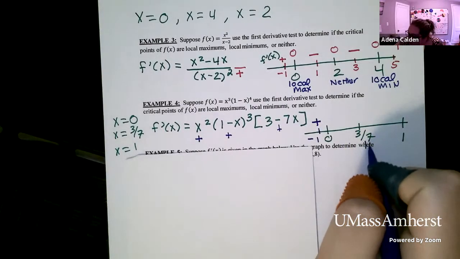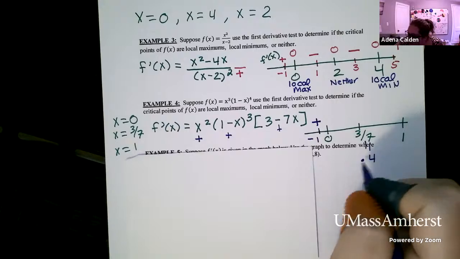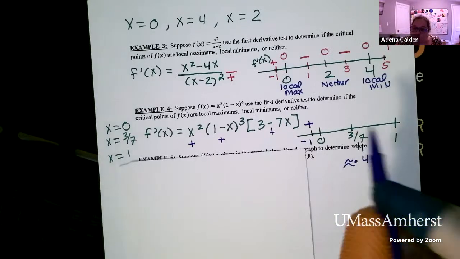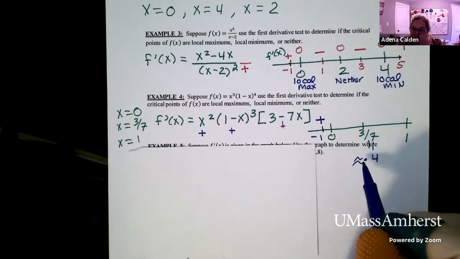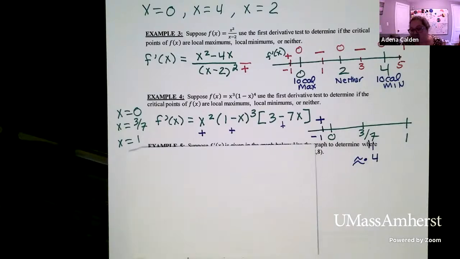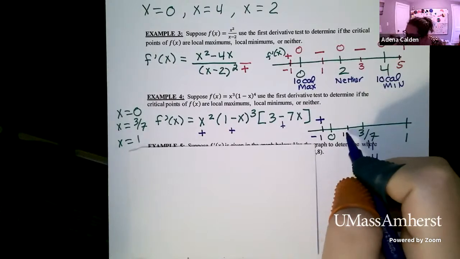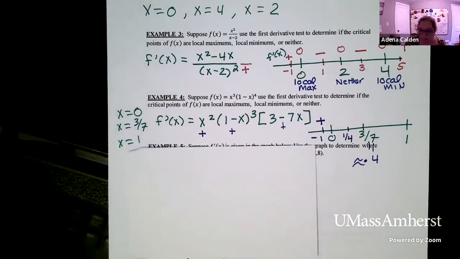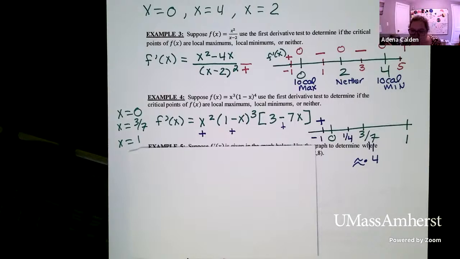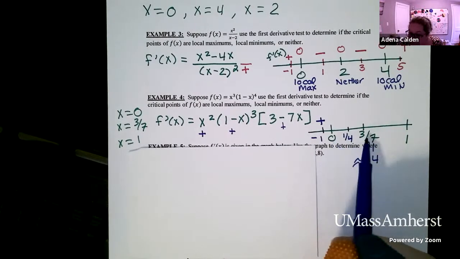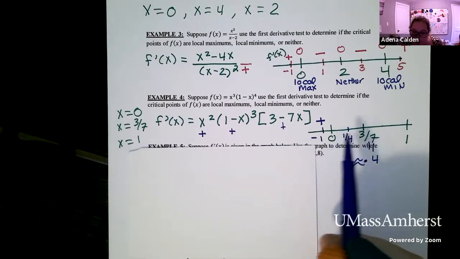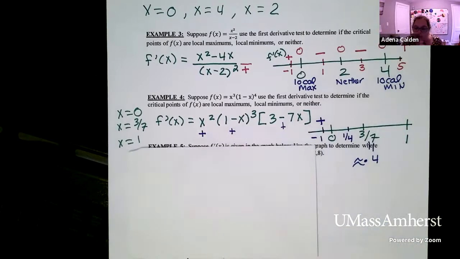So this is about 0.42, okay? So I'm going to pick something between 0 and 0.4 that is convenient. So I'm thinking 0.25, right? I like 1/4 as a contender here. You can do it as a decimal or a fraction, whichever you prefer, but just make sure you're picking something between 0 and 3/7. It's really easy to accidentally pick something outside of that interval.